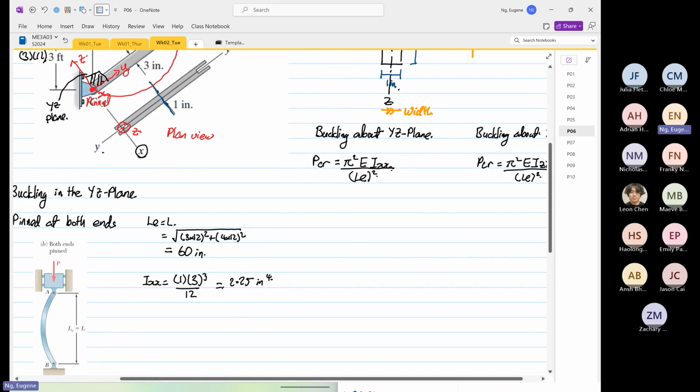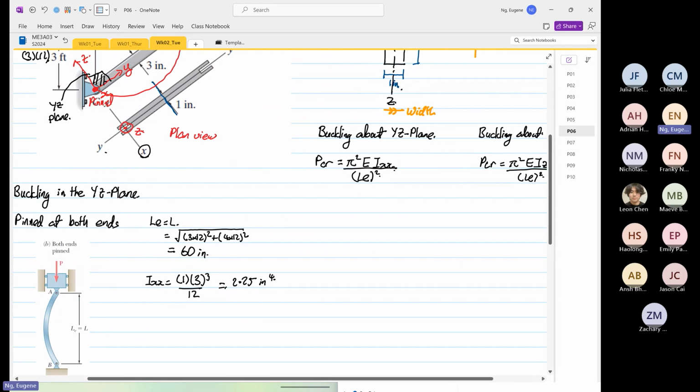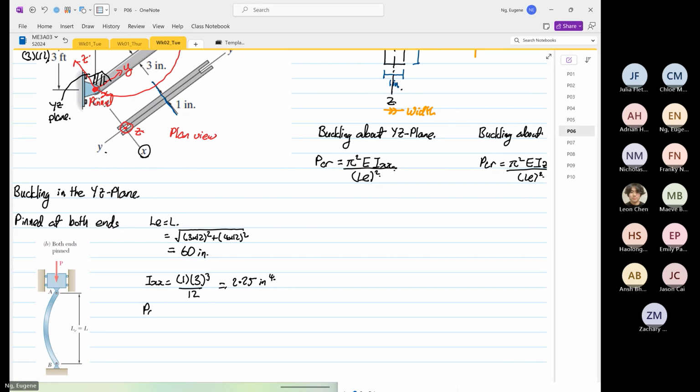So from here, we can calculate our PCR is equal to pi squared multiplied by 29 times 10 to the power 6. IXX is 2.25 and divide by LE, which is equal to 60 squared.